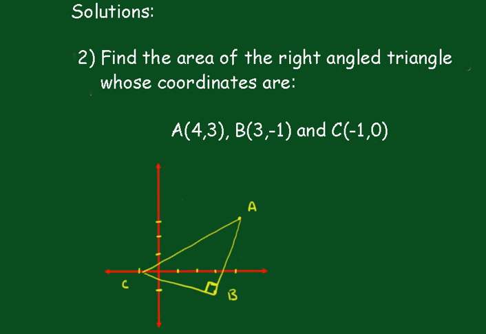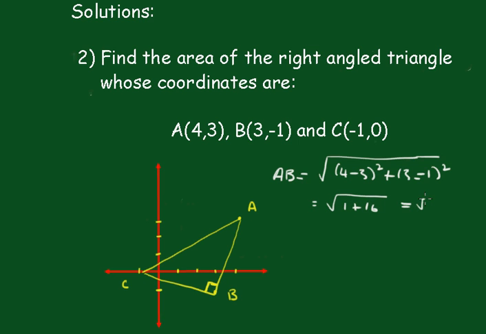Right, now, I know you know the formula, so I'll just write it all in. So AB is equal to square root of 4 take away 3 all squared, plus 3 take away negative 1 all squared, and that's going to give me square root of 1 plus 16, which is the square root of 17.